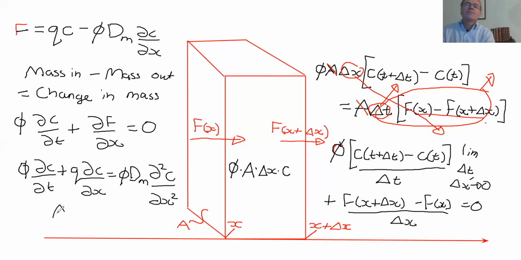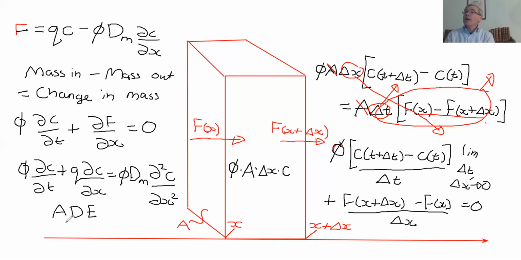And this is called the ADE, the advection-diffusion equation, traditionally. So the ADE in one dimension has this form, phi dc dt, so phi times the change in concentration, plus q dc dx, so the spatial derivative. And then on the right-hand side is this diffusion term, the second order term due to diffusion.